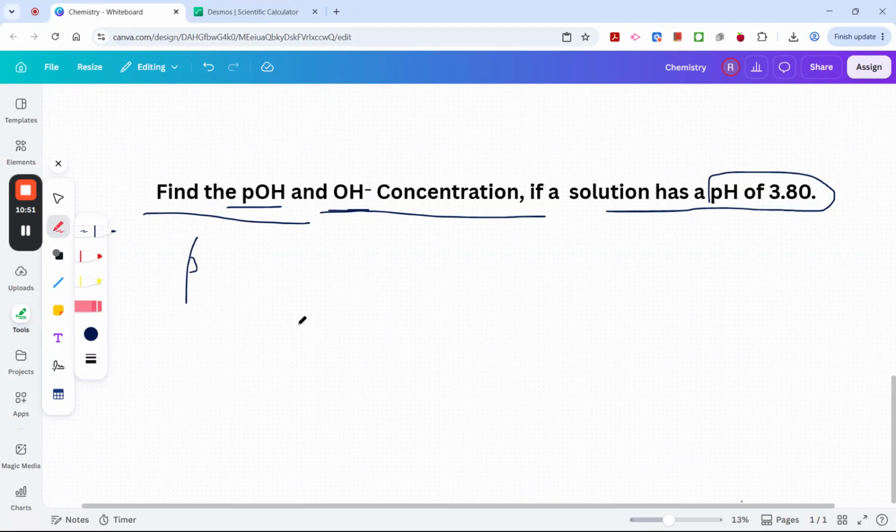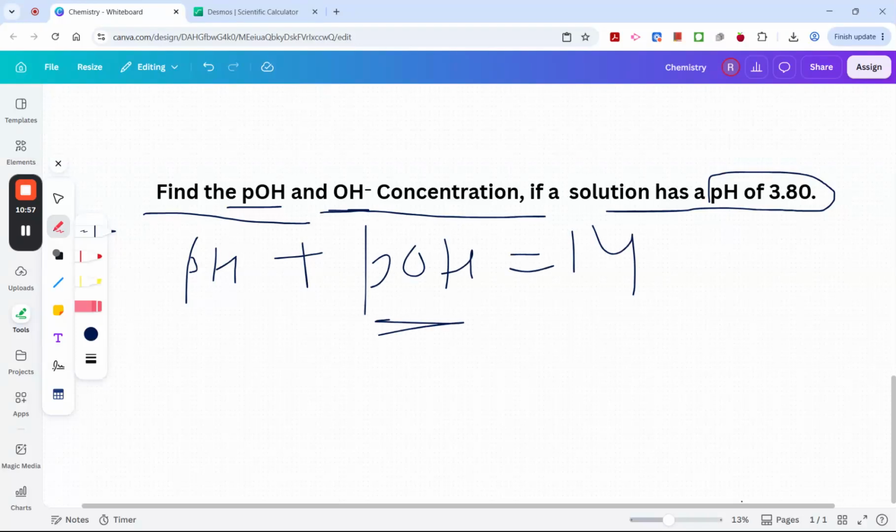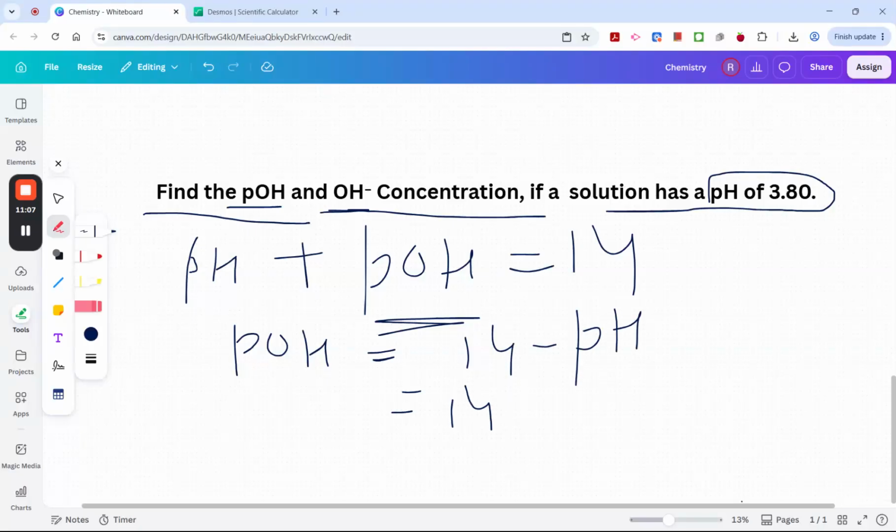So pH plus pOH, total is 14. Let's find our pOH. So pOH is equal to 14 minus pH, which is 14 minus 3.80.